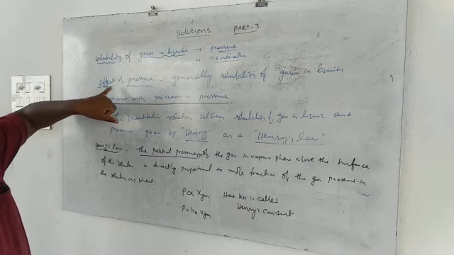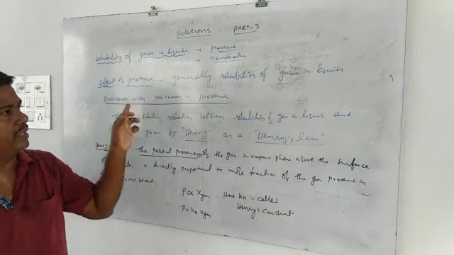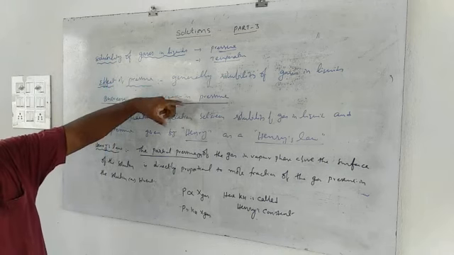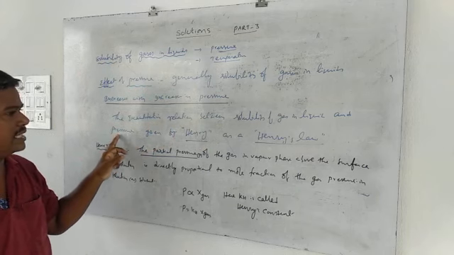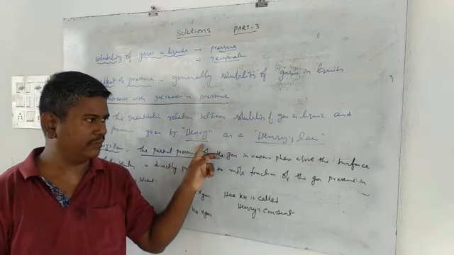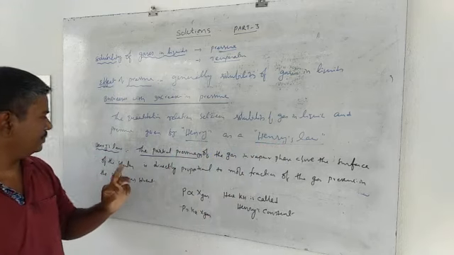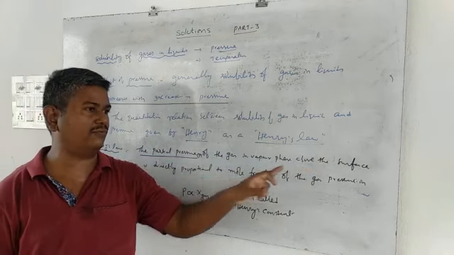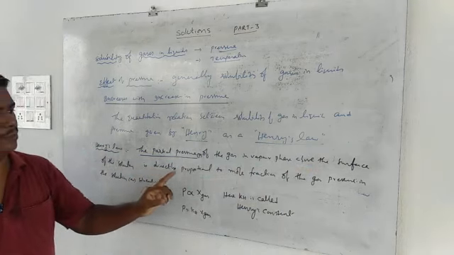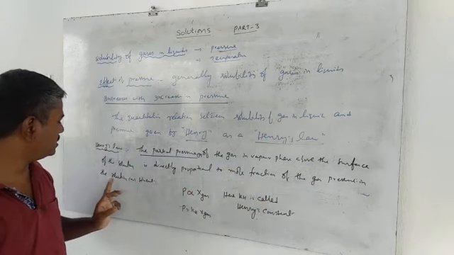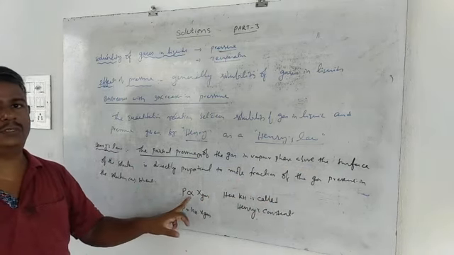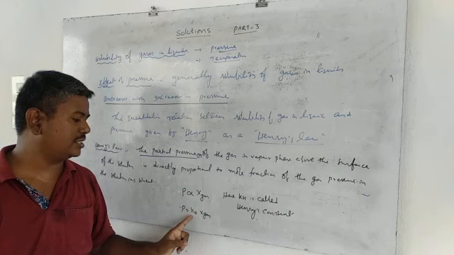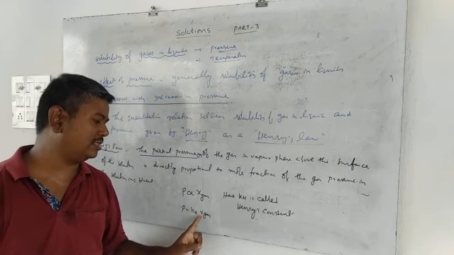First, solubility of a gas in liquids increases with increase in pressure, and the quantitative relation between the solubility and pressure is given by the scientist Henry, called Henry's law. So what does Henry's law mean? The partial pressure of the gas in vapor phase above the surface of the solution is directly proportional to the mole fraction of the gas present in the solution or solvent, that is proportional to X gas, and P equals KH times X gas, when removing the proportionality, multiplied with the proportionality constant KH. X means the mole fraction of the gas.